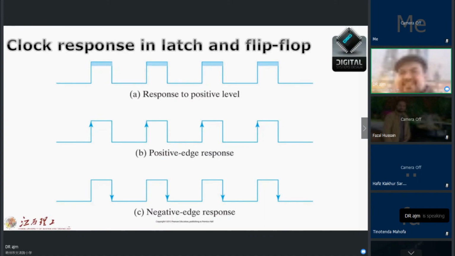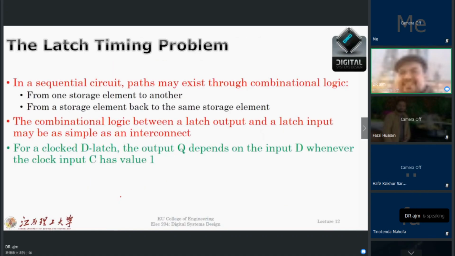But something very fast, in two slides I am going to discuss, and we will finish today's lecture, is that we have some latch timing problems. In sequential circuits, some paths may exist through the combinational logic from one storage element to another and from storage elements back to the same storage element.